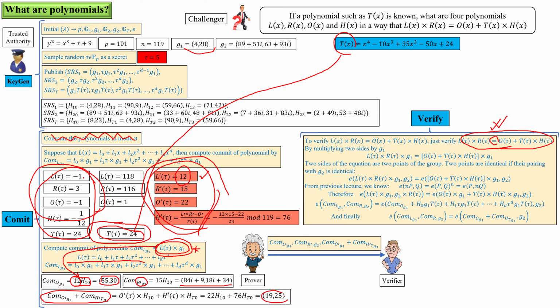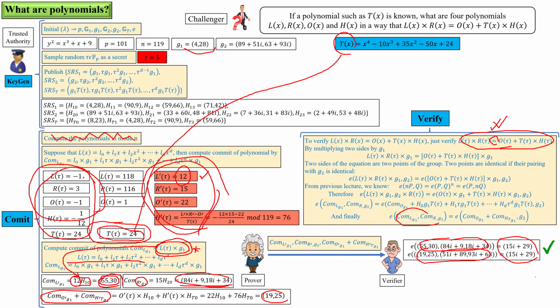So now the prover sends these fake three commits to the verifier. And if the verifier computes the pairing at the left side, pairing of these two values, and pairing at the right side, the verifier sees that these two pairings are equal to each other, right?